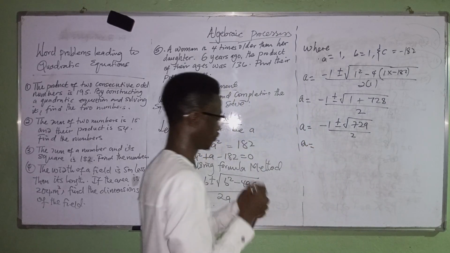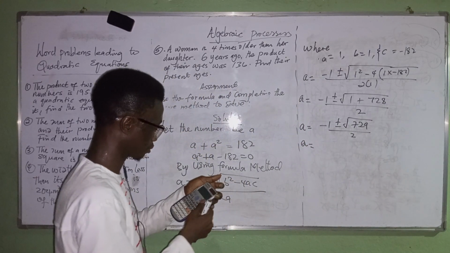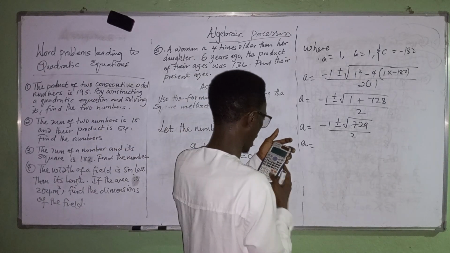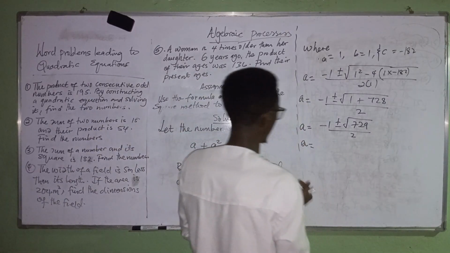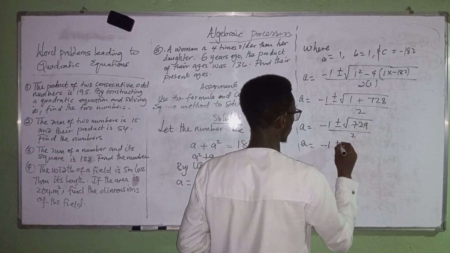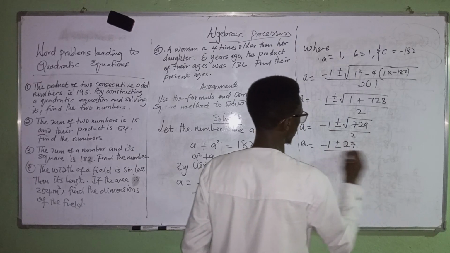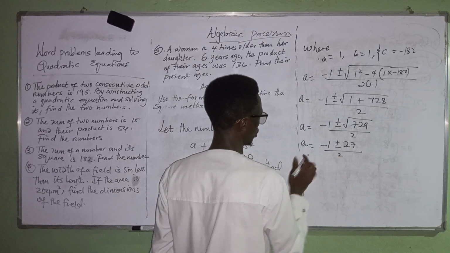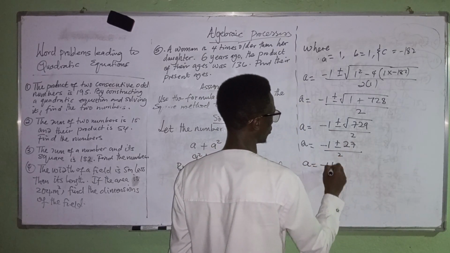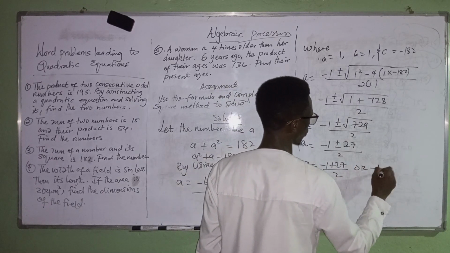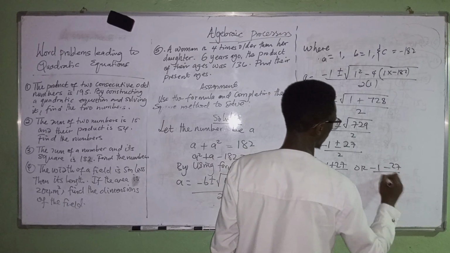So A becomes, you find the square root of that. The square root of 729 gives you 27. So minus 1 plus or minus 27 divided by 2. So you take the positive, minus 1 plus 27 divided by 2, or minus 1 minus 27 divided by 2.